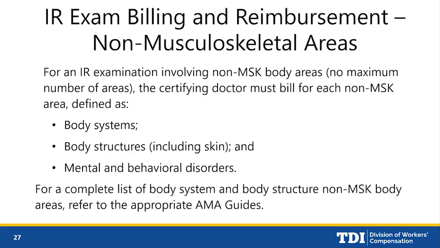So there's chapters within the body system structures, mental behavioral disorders. Again, if it's listed in the chapter, you can bill it as a non-MSK body area. Currently, we're using the 4th edition of the AMA guides, and you need to keep that in mind so that you can accurately bill.